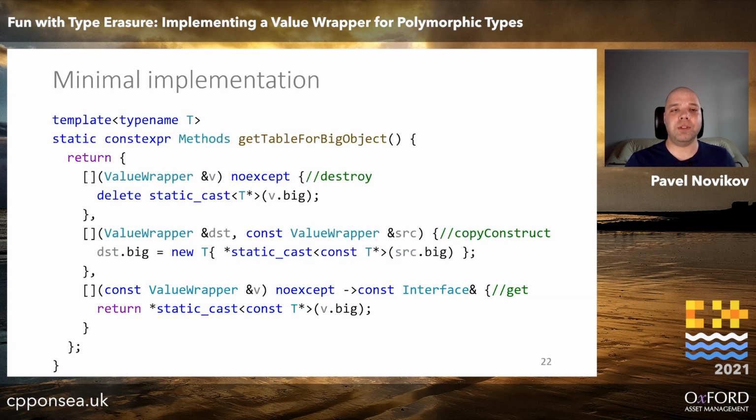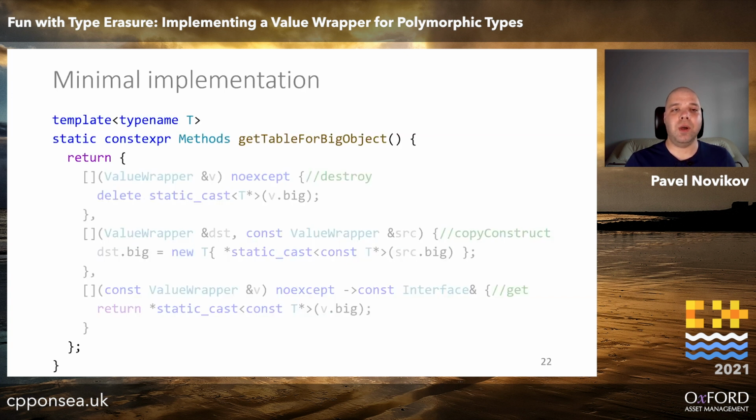For big objects, it's kind of similar. We have our function template for big objects, which returns function tables. And for destroy, we just static cast the address of our big object to the actual type and delete it.